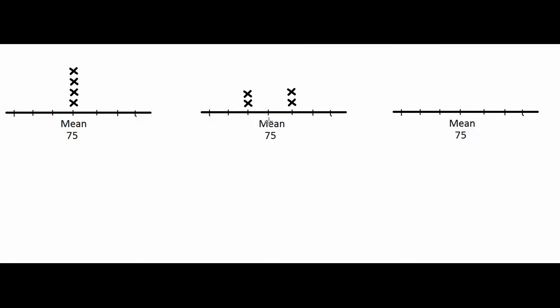And you can also see that 75 is the center point of the data, because we talked about how the mean is usually somewhere near the center of the data. These 2 data sets both have a mean of 75, but the difference between them is that this data set has more dispersion and this data set has less dispersion, because these values are more spread out further away from the mean, and these data values are all closer to the mean.